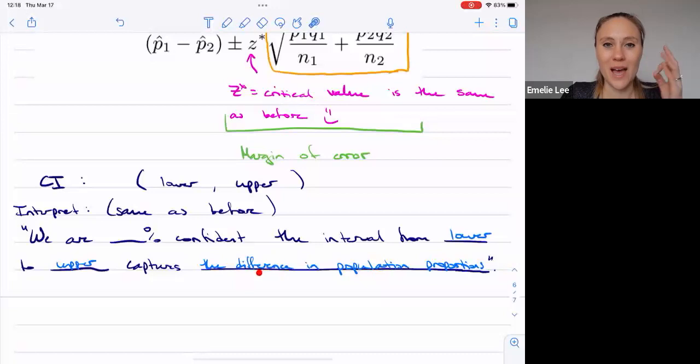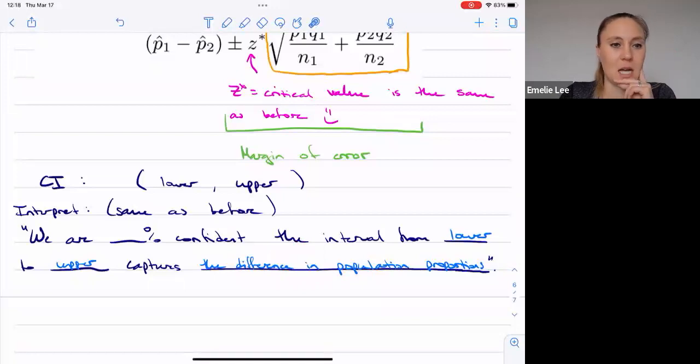Sometimes I like to emphasize that it's the population proportion by saying true, so the true difference in proportions of bad reactions to drug A versus drug B, something like that.